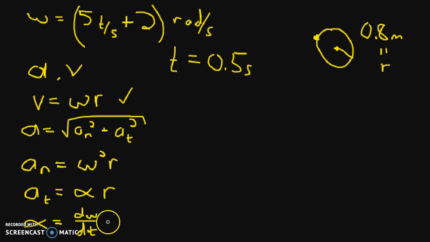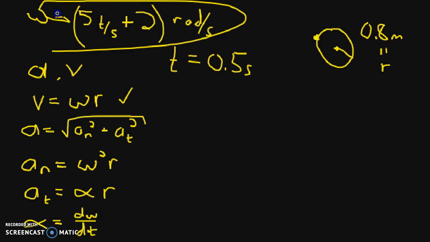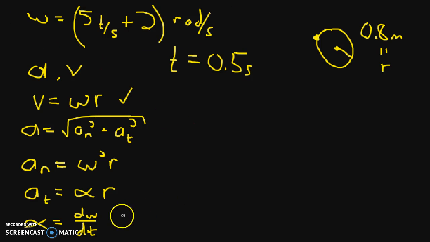So how do we get alpha? Alpha is d omega dt. Omega is just from our equation up above here. When you do d omega dt, if you were asked to solve for that, t goes away. So you're left with 5 and then plus 2, and radians per second.